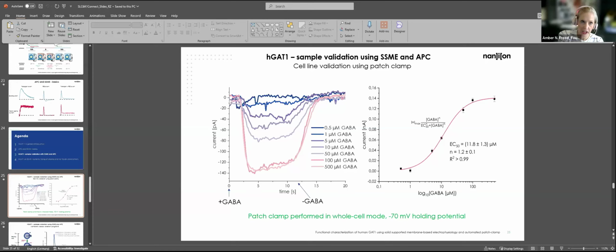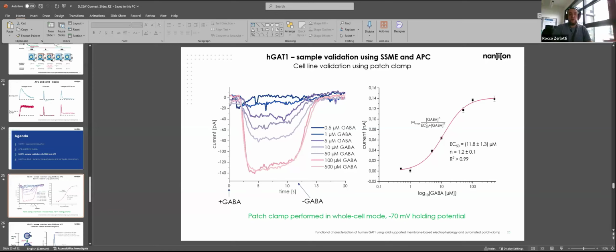Since the patch liner was able to detect the GAT1 signal, do you expect the Synchropatch can also detect the small signals? As far as I know, if there is a way to have 4 holes in each of the Synchropatch, maybe yes. But if there is only 1 hole, I think the possibility is very, very small.